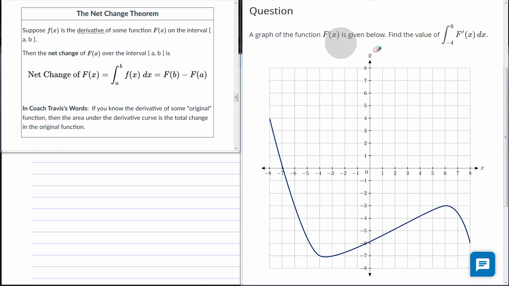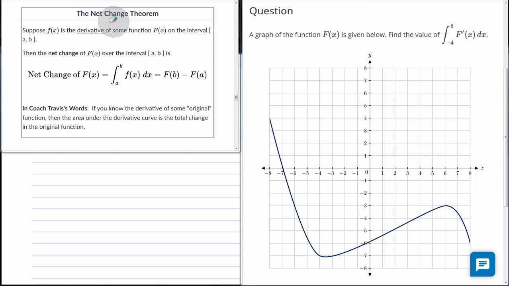They haven't given me the graph of f prime. I could try to find it, but that would be really hard to do, because from experience, if all you have is the graph, finding the derivative is a pretty hard thing to do. I mean, you can estimate it, but finding an exact value is pretty difficult.